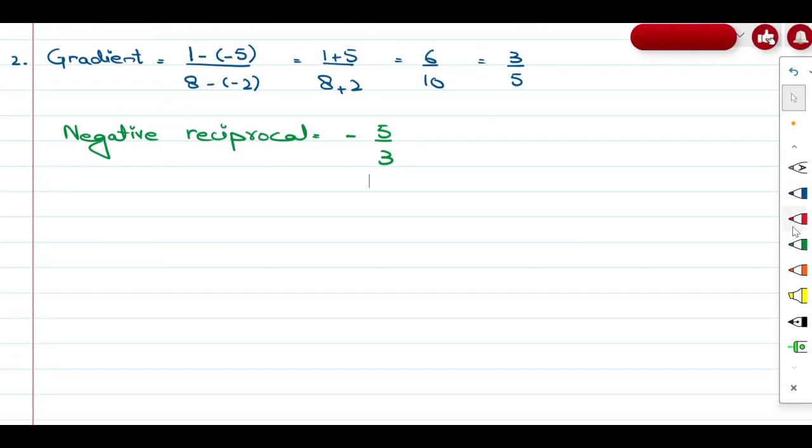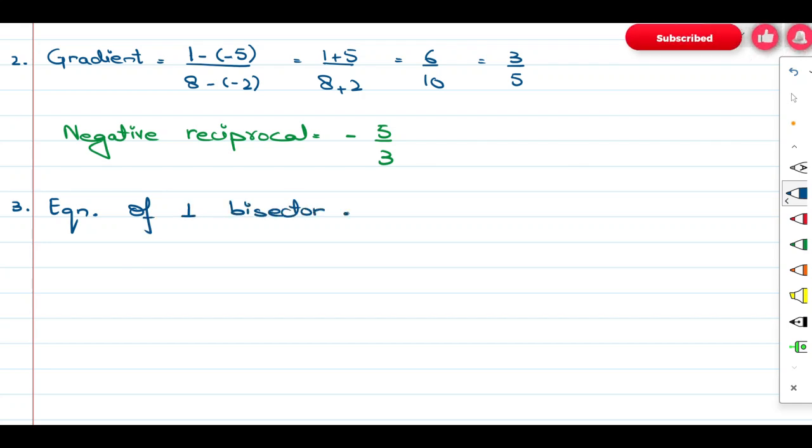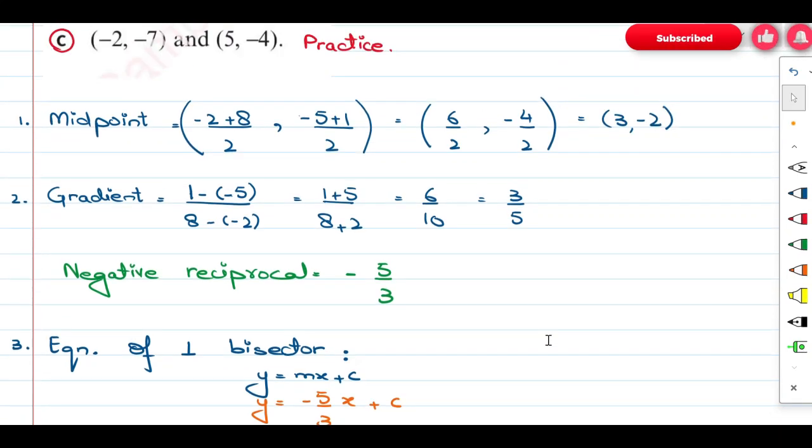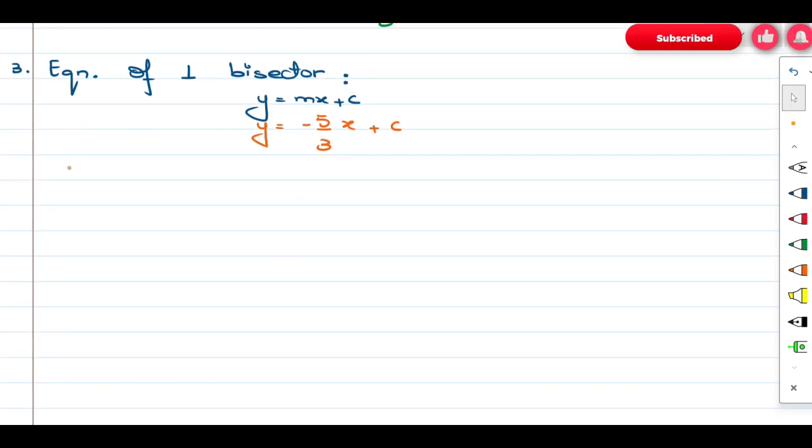Okay. Now we have to make an equation, the third step. Equation of the perpendicular bisector: y equals mx plus c. Okay, now y equals the m value, minus 5 over 3 x plus c. To get the c value, use the point (3, -2). Use this point. X is 3, y is minus 2.